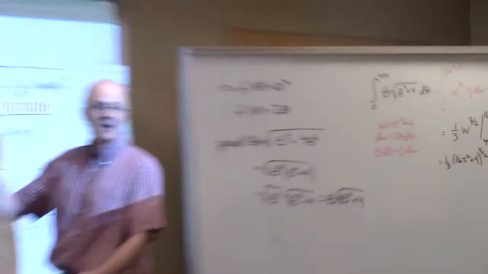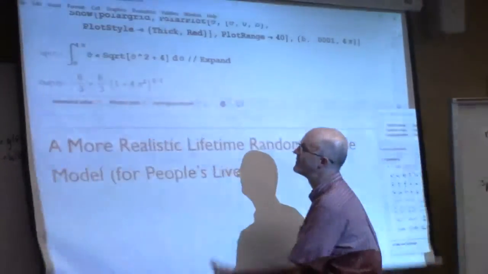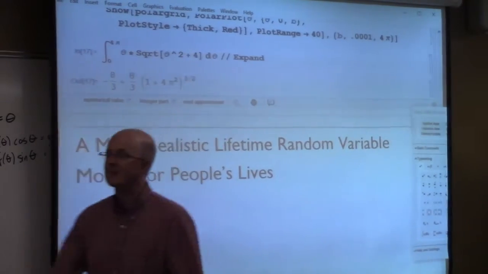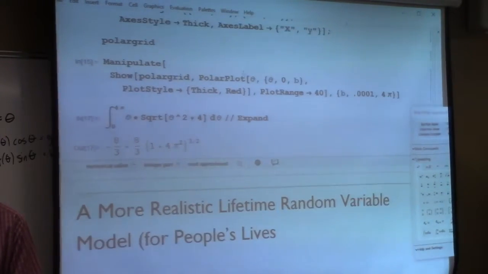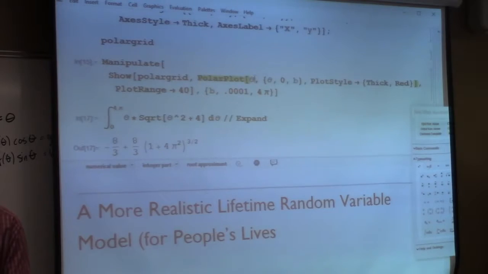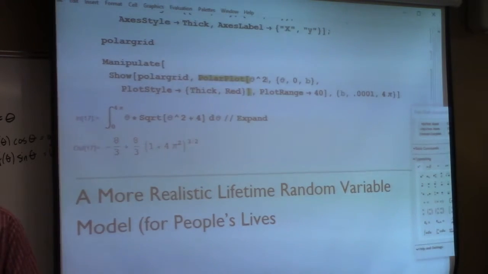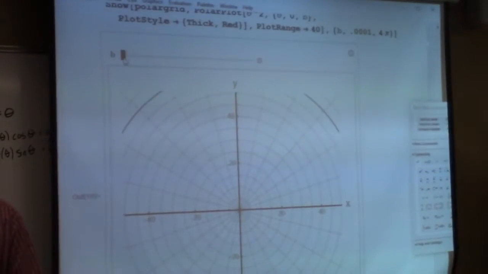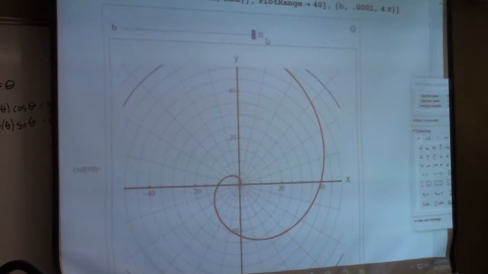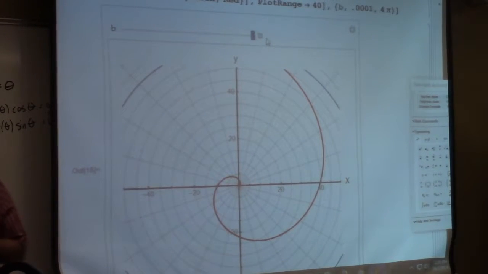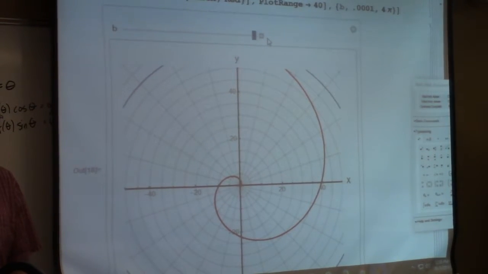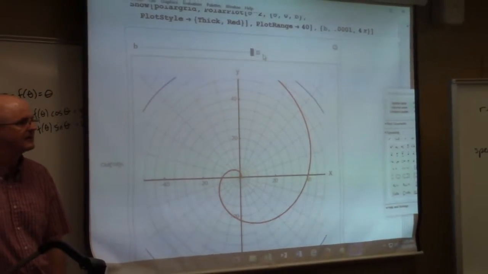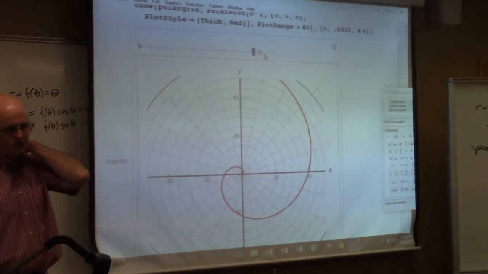What is that? Let's try to guess what it is. Let's go back up here and go into our Manipulate and change the theta to a theta squared. Though we might need to make our plot range bigger to see the whole thing. Now, yeah, we're going to have to make our plot range a lot bigger, in fact. Let's see, 4 pi is about, what, 12 point something? 13 squared is 169.